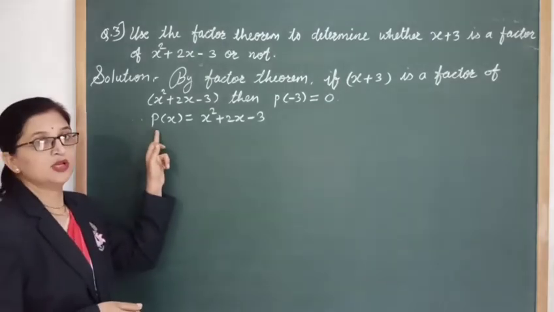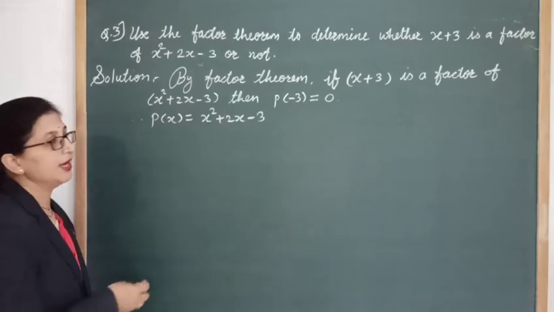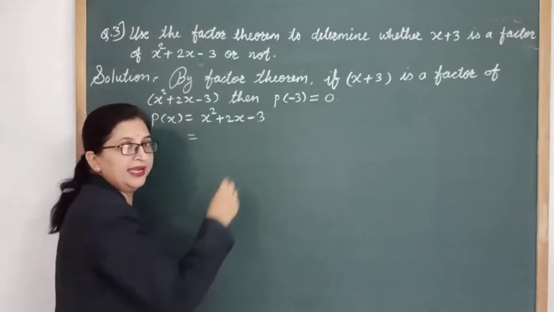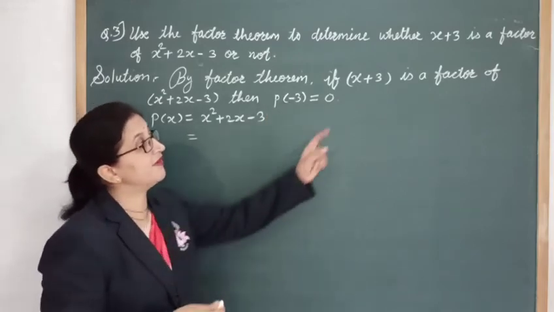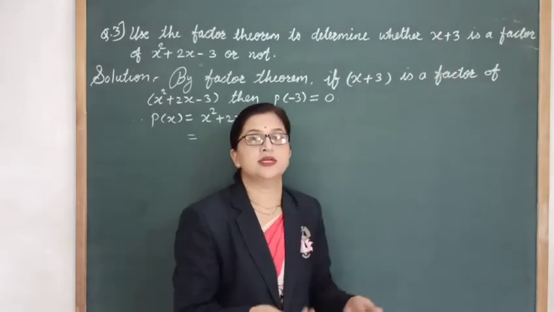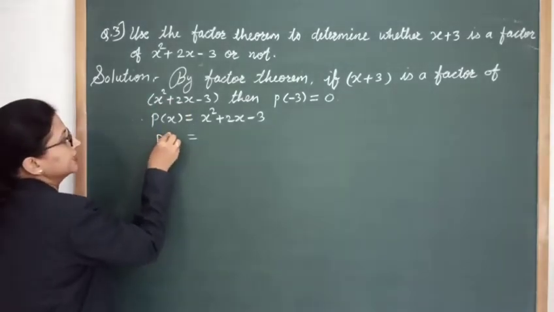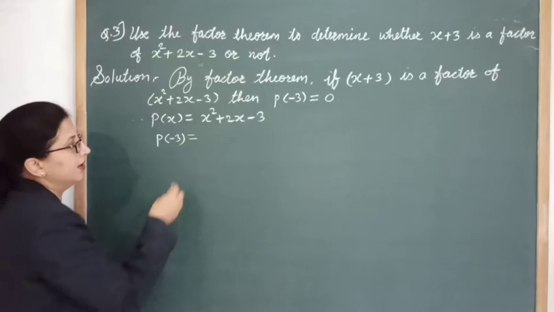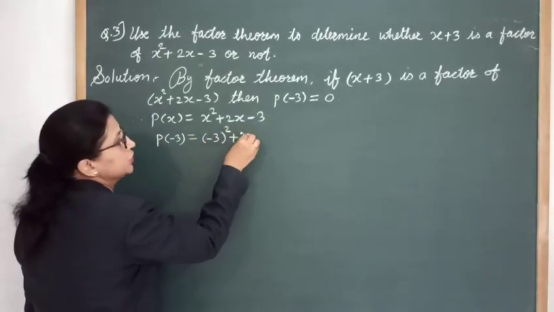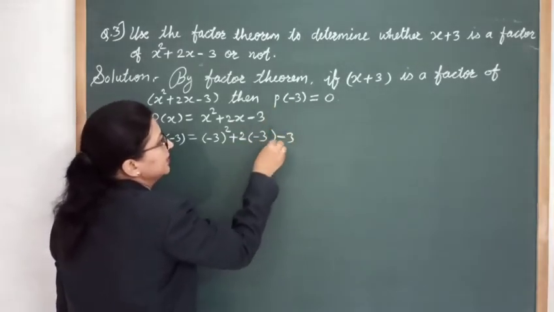Now here let's write down the polynomial p(x) is equal to x square plus 2x minus 3. Okay, so here we'll put the value of x as negative 3. Why negative 3? Because divisor is x plus 3. Okay, so it's opposite. Positive 3 is there, so its opposite will be negative 3. That's why here we have to put the value of x as negative 3. Okay, let's put that. So x square, that is negative 3 square, plus 2 into negative 3, minus 3.